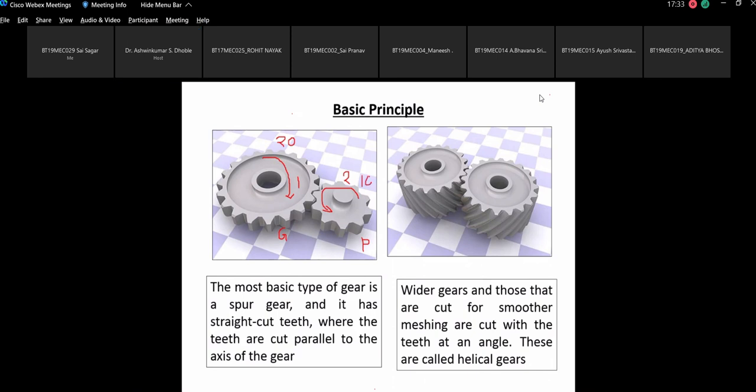What is the gear ratio? What is the formula for calculating the gear ratio? Any other answer? What is the formula, Saurabh? How do you get that 2?